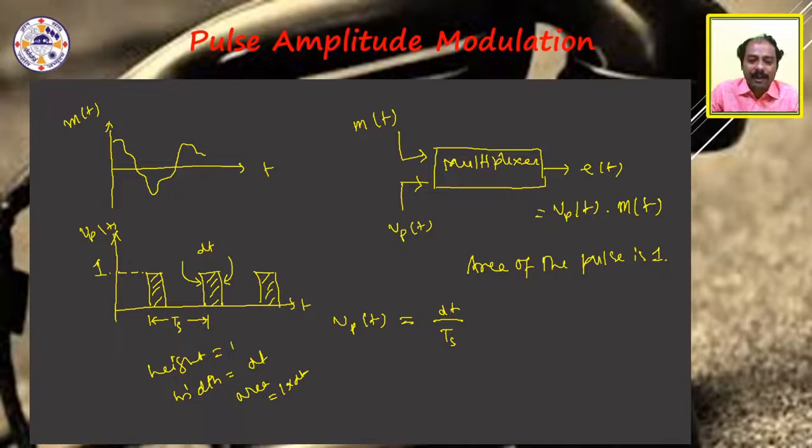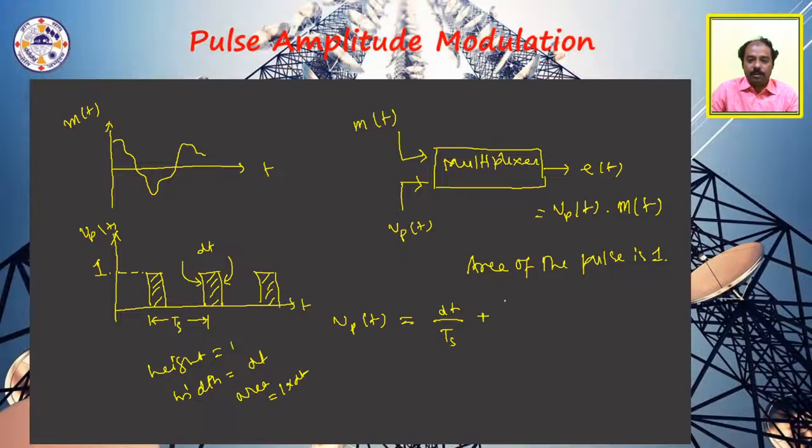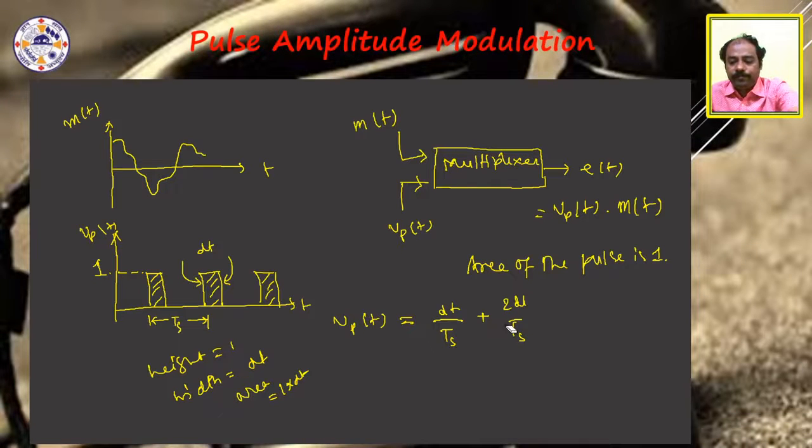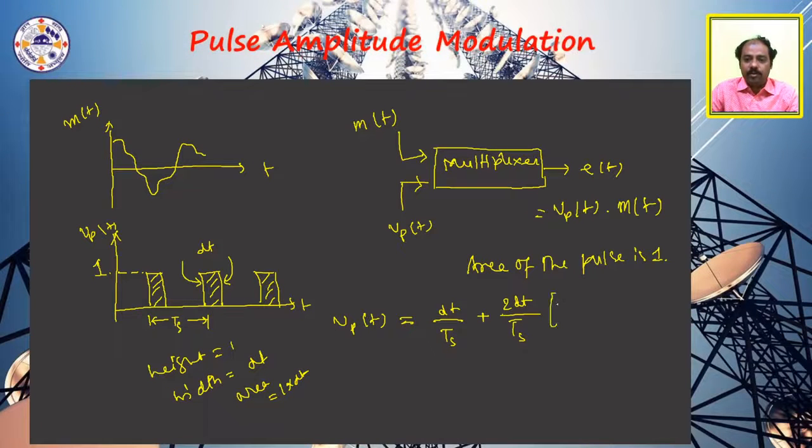So I will write it here: dt by ts plus 2 dt by ts into cos 2 pi t by ts.